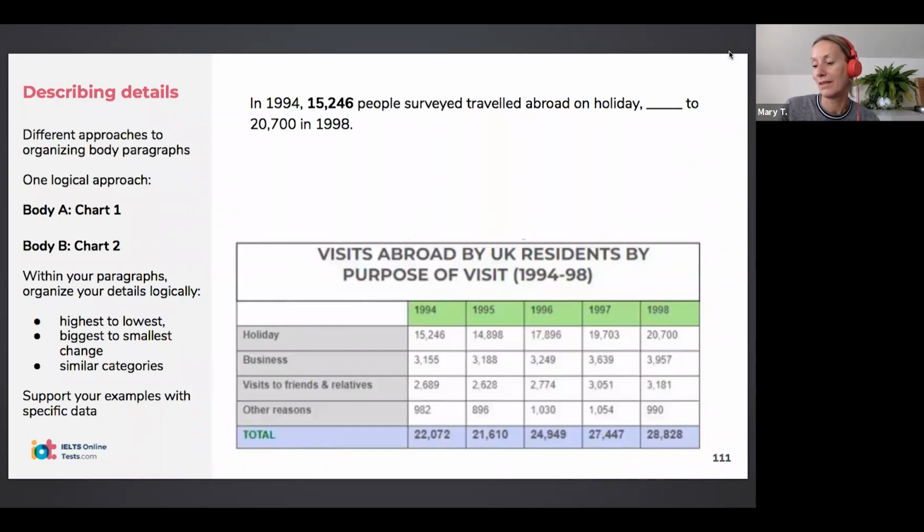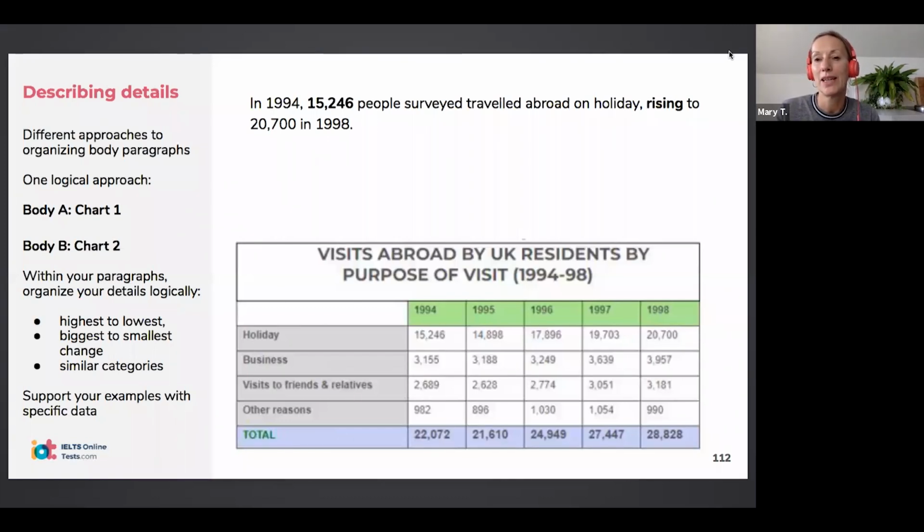And what would make sense here? Something to 20,700 in 1998. Yeah, you've got the right verbs there. So it's really increase or rise. But in this case, you wouldn't use the past simple.